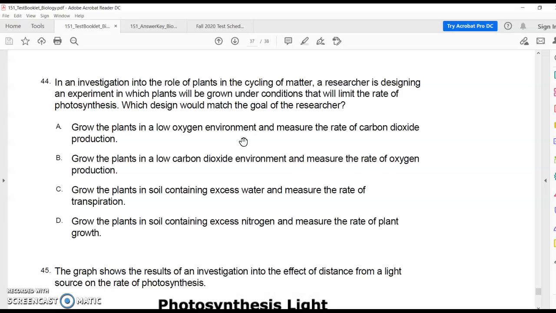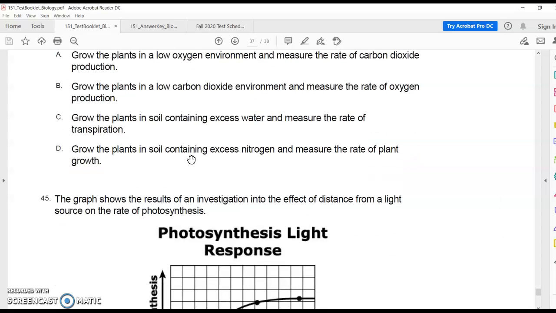And so remember, our reactants are carbon dioxide, water, and sunlight, and our products are oxygen and glucose. And so the correct answer here is B. If we're going to limit carbon dioxide and then measure the rate of oxygen production, because that would tell us the rate of photosynthesis, since oxygen is a product of photosynthesis and carbon dioxide would be our independent variable here because it is a reactant of photosynthesis.